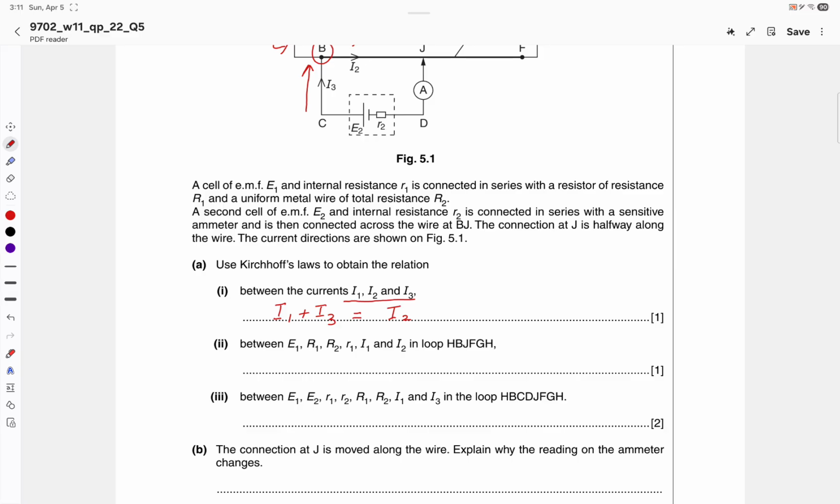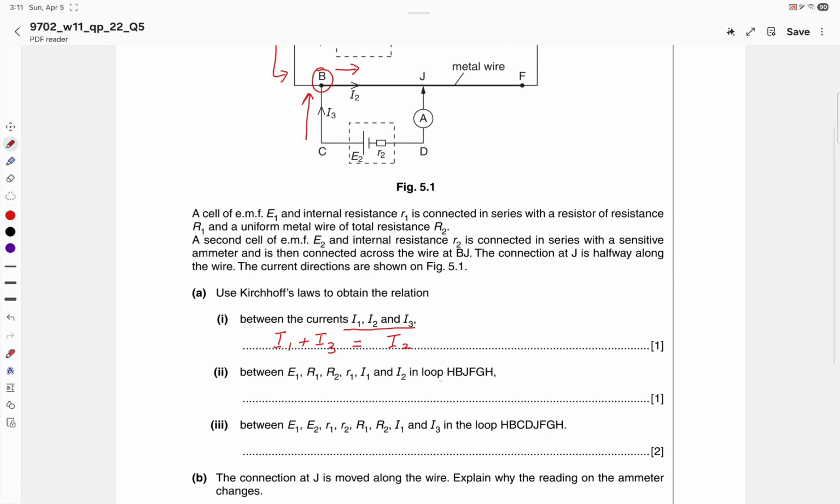Now for the second part, for 1 mark, you have a loop provided from H till H, HBJ, FGH, and you have to write an equation. Since it contains resistance, current and EMF and a loop is mentioned, this is going towards Kirchhoff's second law.